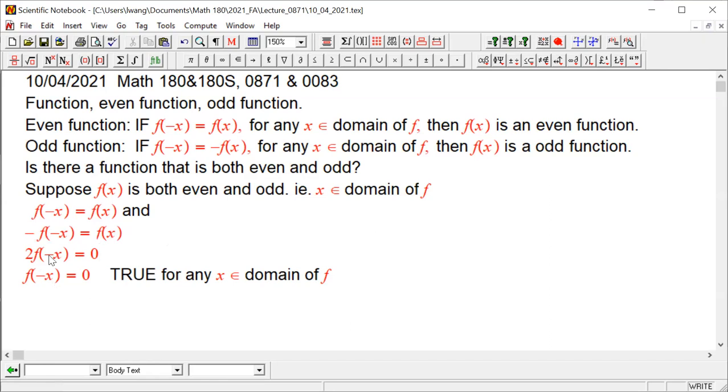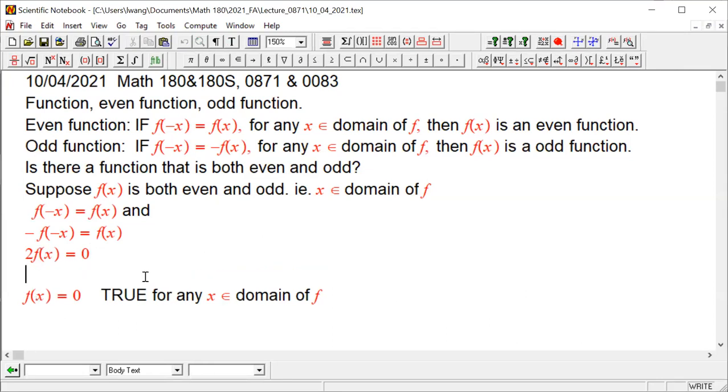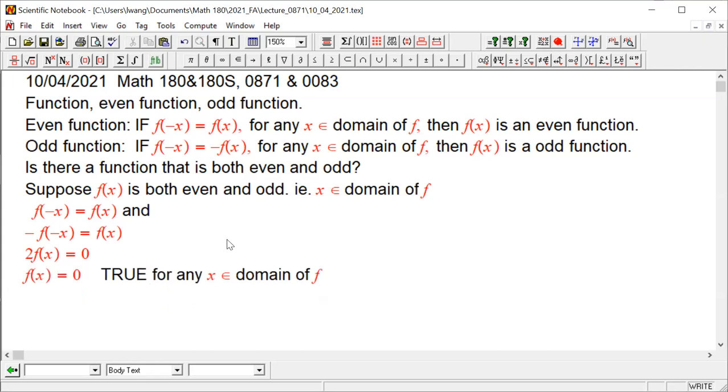If I add these two, I will get 2 times f of x equals 0. Do you follow me? It's a minor algebraic change, but it makes you see better. So I get f of x equals 0.